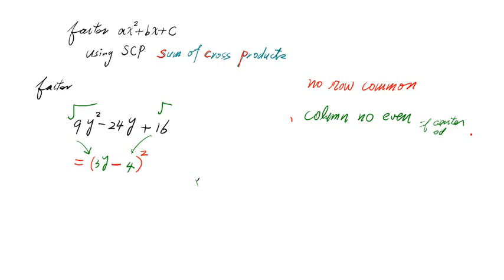So it's minus. You combine both. 3 times 4, 12, double it, 24. Yes, bingo. Why? Because this one is the application of a squared minus 2ab plus b squared to be a perfect square.